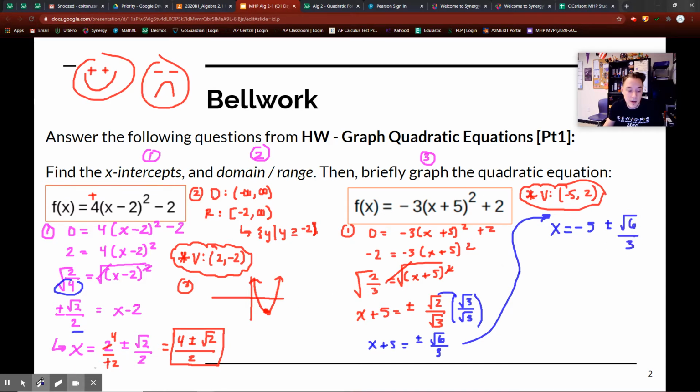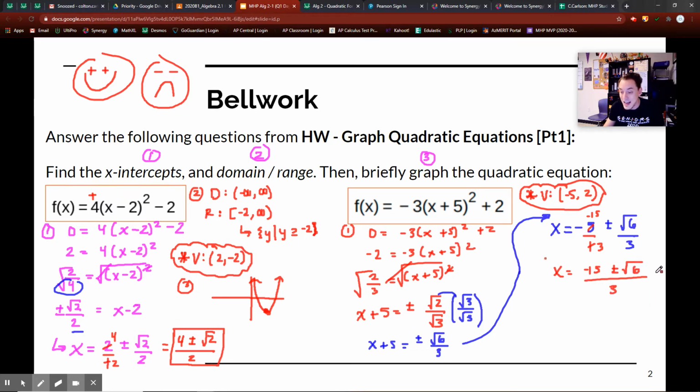I do need to combine like terms here, which means I need common denominators. This is all over 1. So times 3 gives me 3, and -5 times 3 gives me -15. So my final answer is -15, plus or minus radical 6, all over 3.